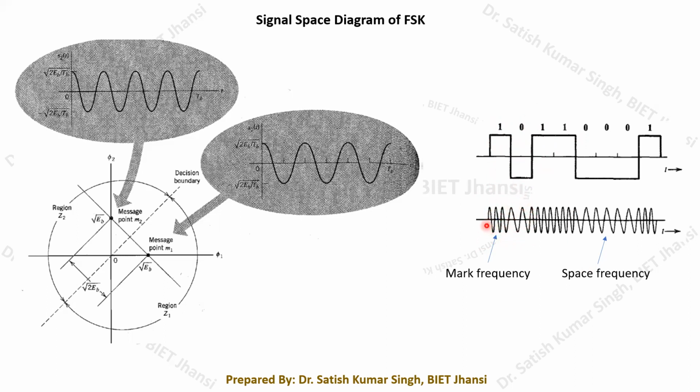So basically 2 different frequencies are sent in frequency shift keying. Generally, the frequency sent corresponding to 1 is called the mark frequency, and the frequency sent corresponding to 0 is generally called the space frequency.